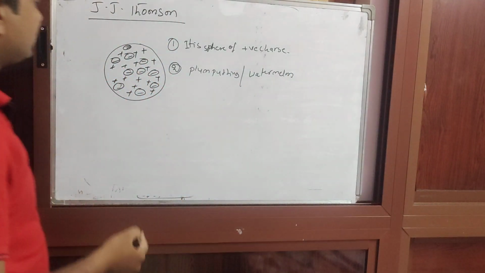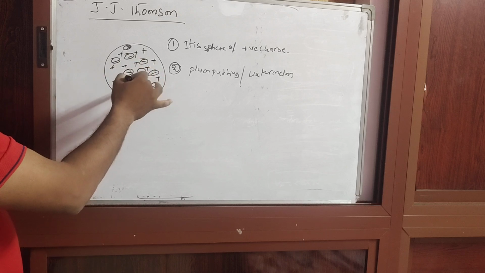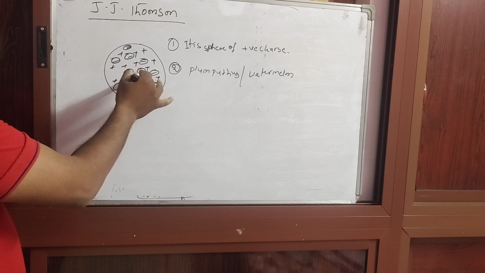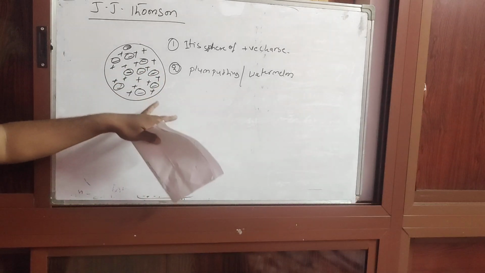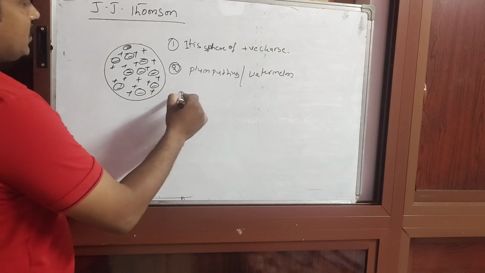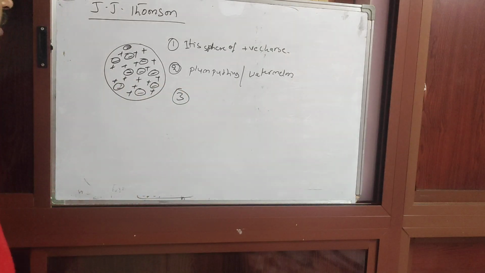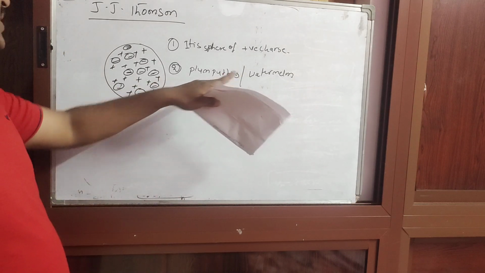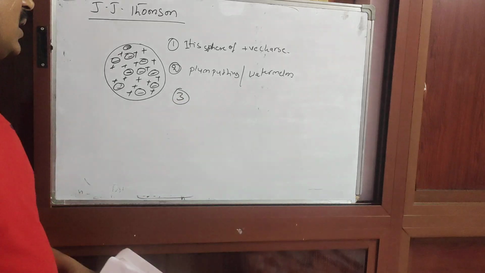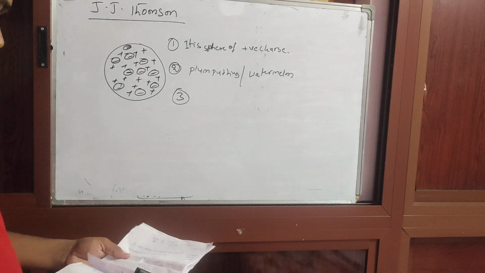Like a watermelon, the positive charge is the red part, and the electrons, the negative charge, are the seeds. Third, it is a complete sphere of positive charge. It is the plum pudding model or watermelon model.